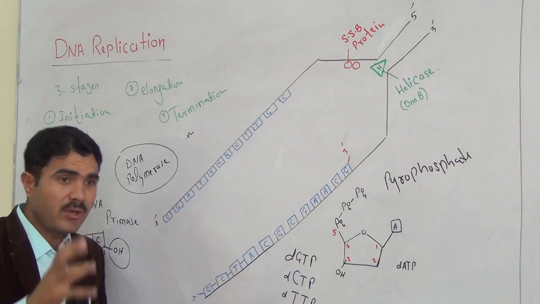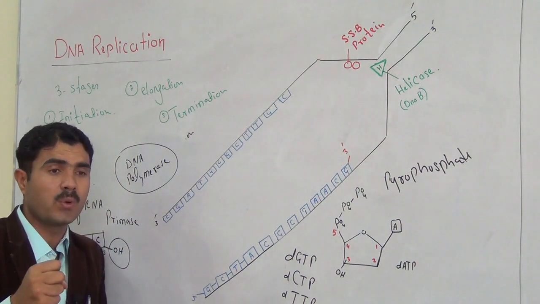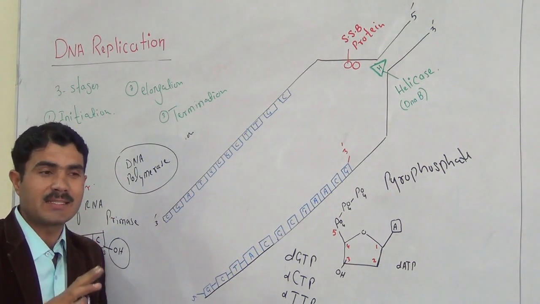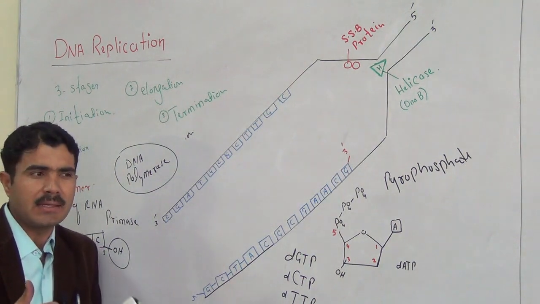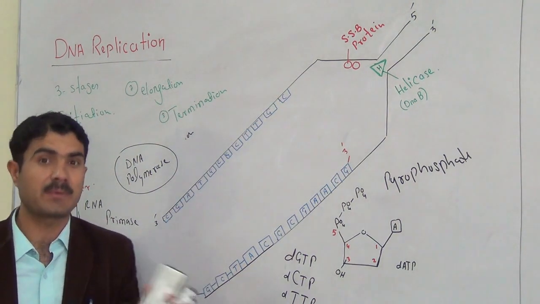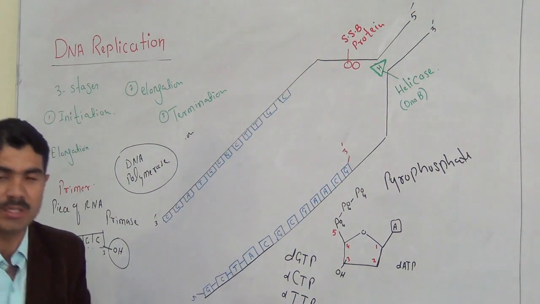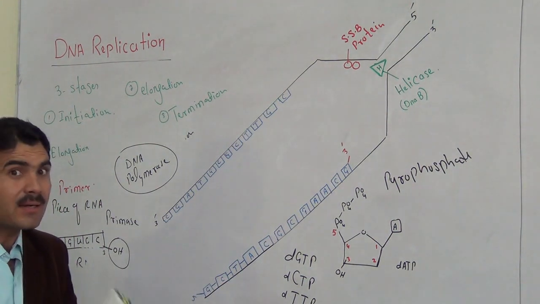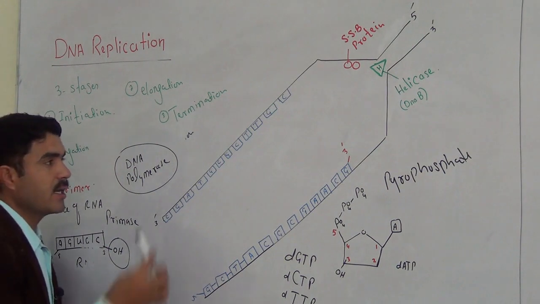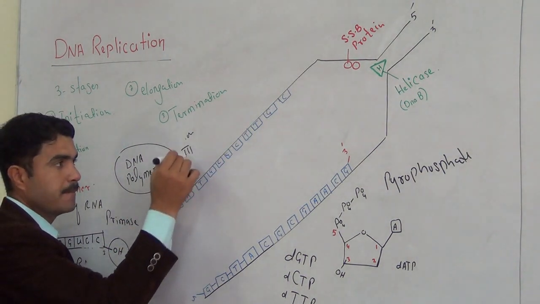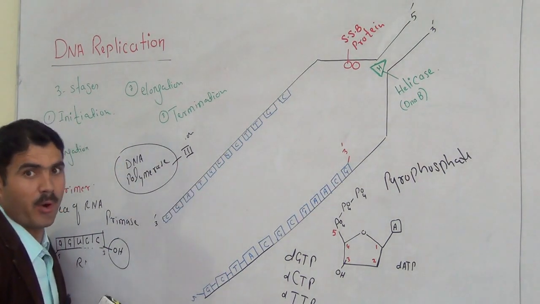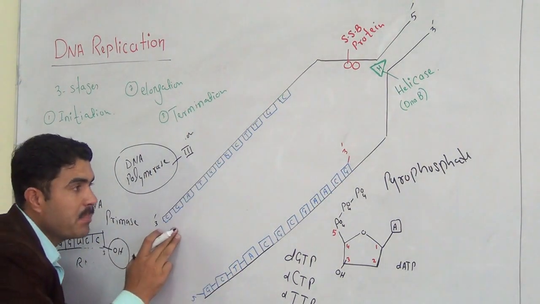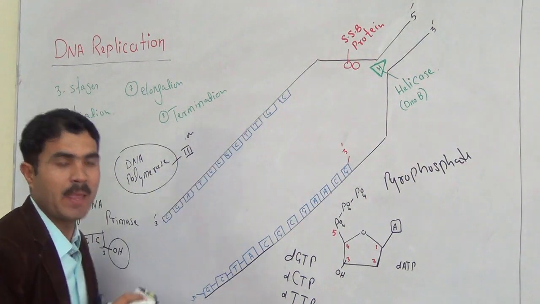But the most important point that I got for you is that the DNA polymerase is a complex. Complex in the sense that it has types. 5 types are there: 1, 2, 3, 4, 5. 1, 2, and 3 are most important. Among these, the DNA polymerase 3 is most important because it is the DNA polymerase 3 that makes a new chain.